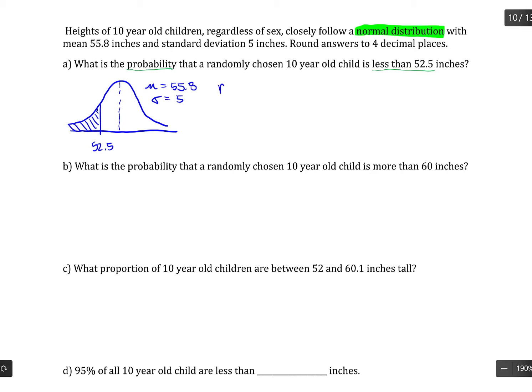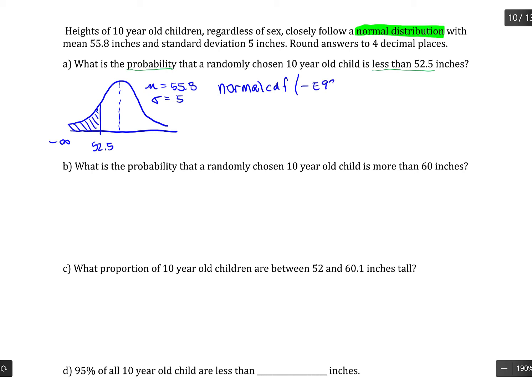The function normal CDF in the calculator comes up with probabilities based off of normal distributions for me. It just requires 4 inputs. The first 2 inputs are the lower bound of your shaded region and the upper bound of your shaded region. The lower bound in this case is negative infinity, so we'll just use something small.